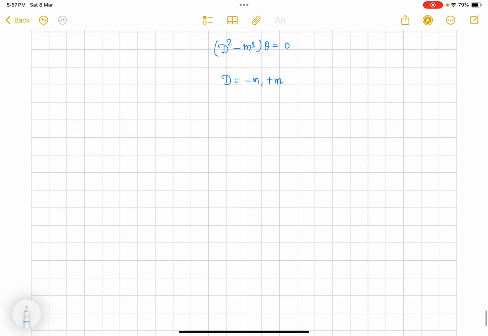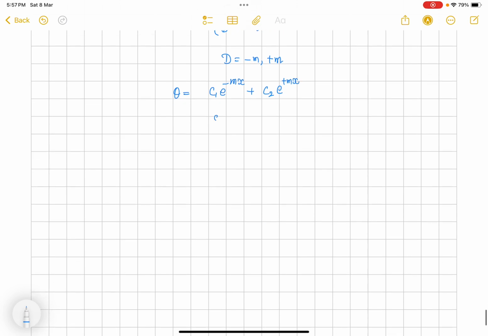And for such type of solutions, if we have D as plus minus m, we can write the solution as c1 times e power minus mx plus c2 times e power mx.